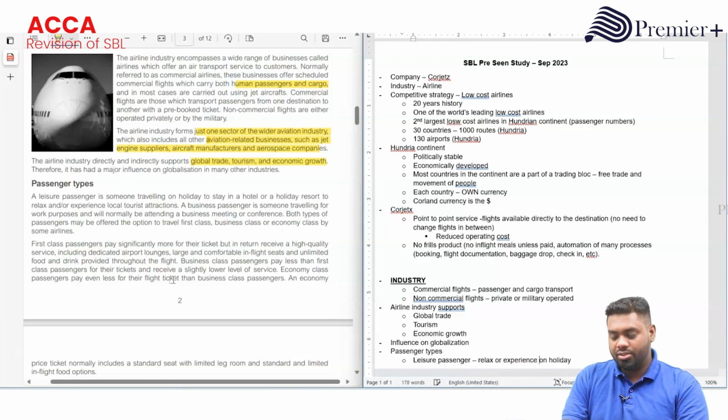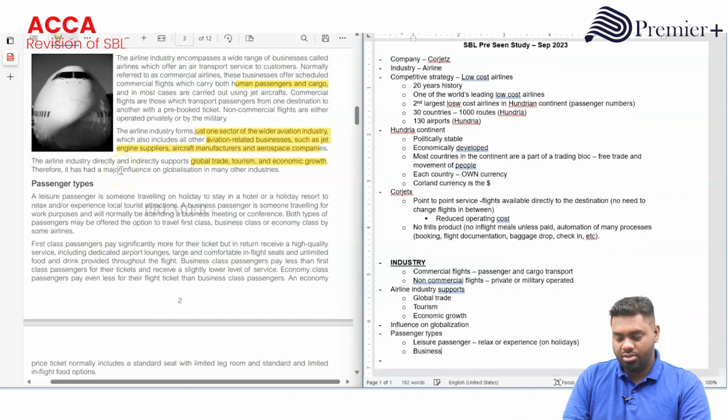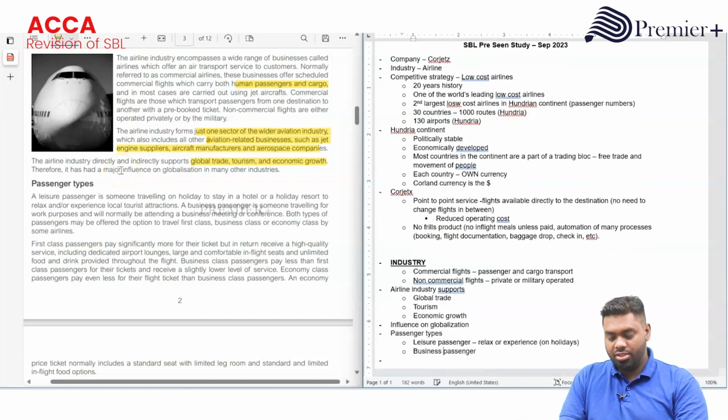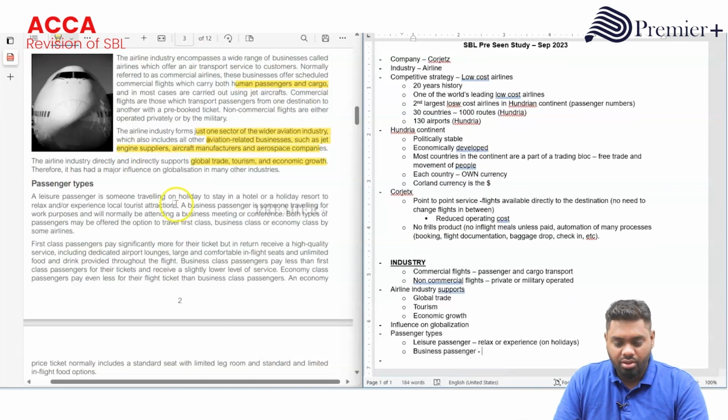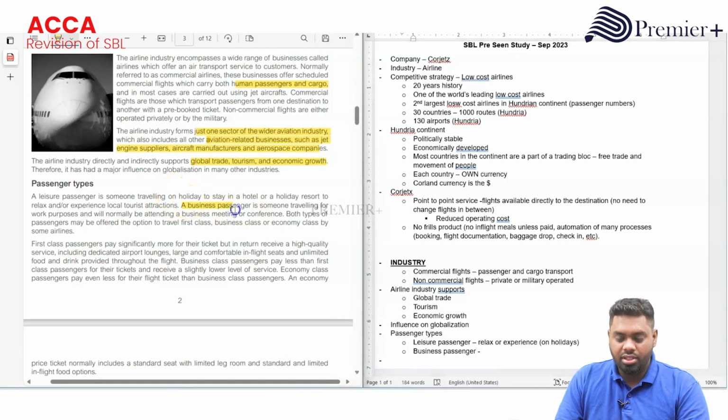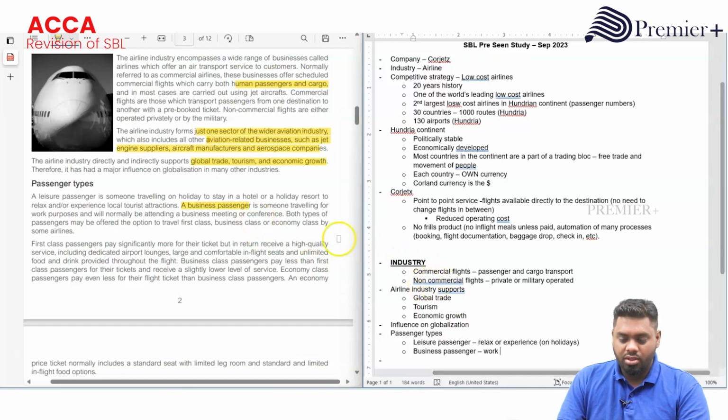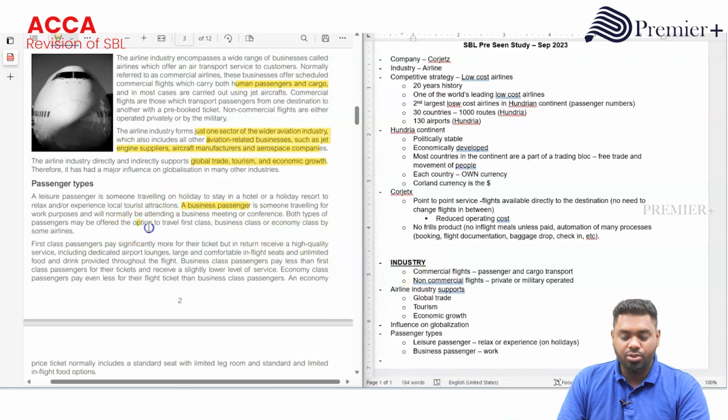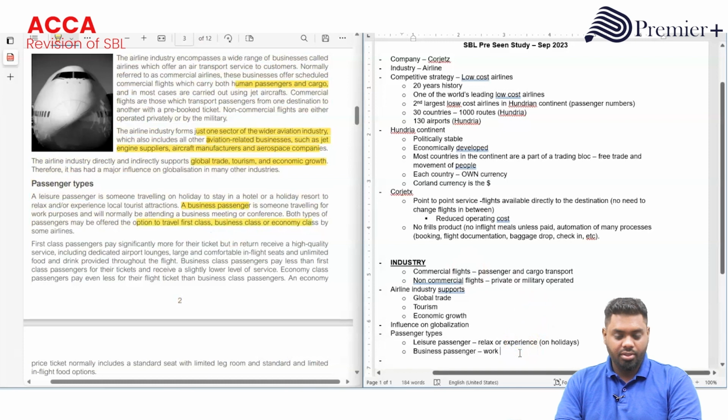They travel during holidays. A business passenger is someone traveling for work purposes, and will normally be attending a meeting or conference. Both types of passengers may be offered the option to travel first class, business class, or economy class by some airlines.